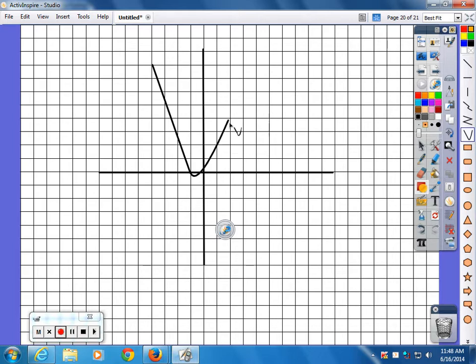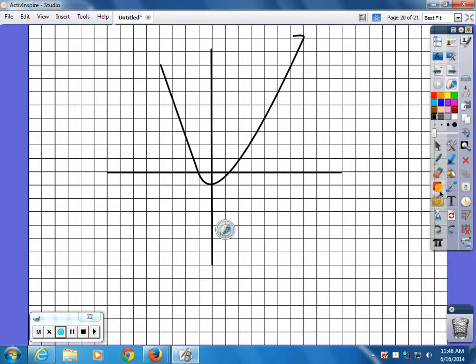I'm trying, people. I'm trying. There we go. Okay, well, that's what I want. I wanted that, but I don't want this. So just ignore that little piece right there. Okay. Now look at that one.